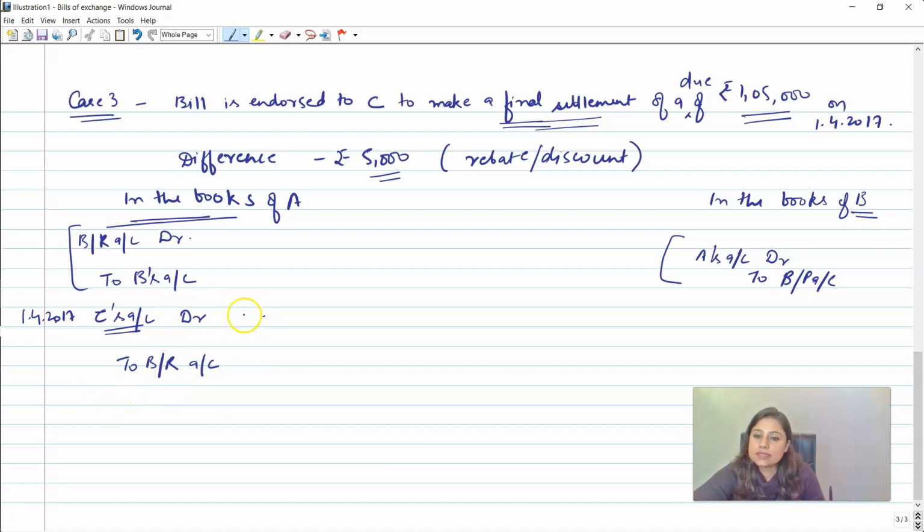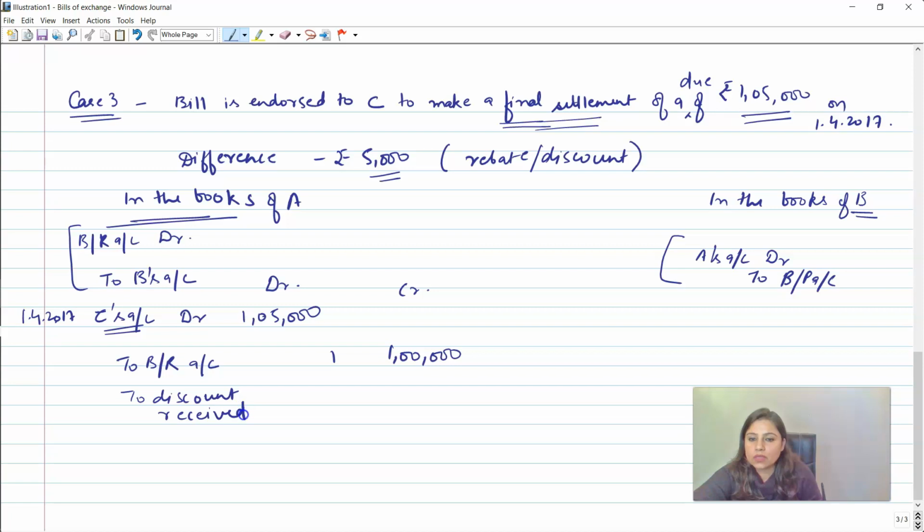And again, since the due which was there is of 1,05,000, and bills receivable is of rupees 1 lakh, the discount that is given to A on final settlement is discount received, rupees 5,000.